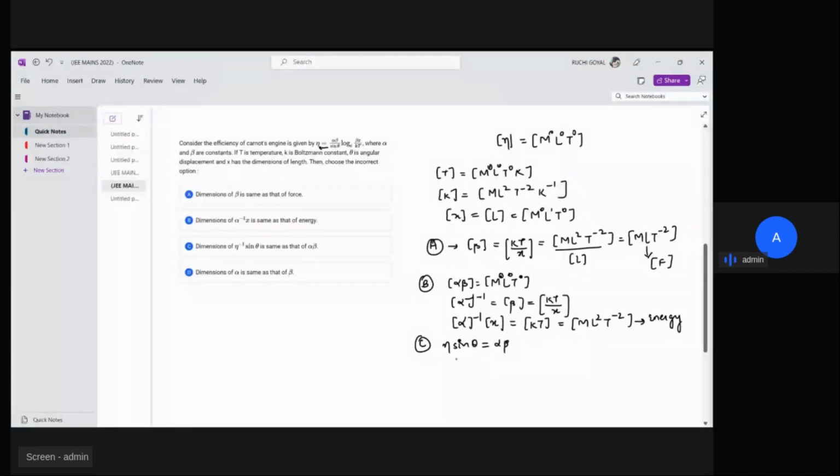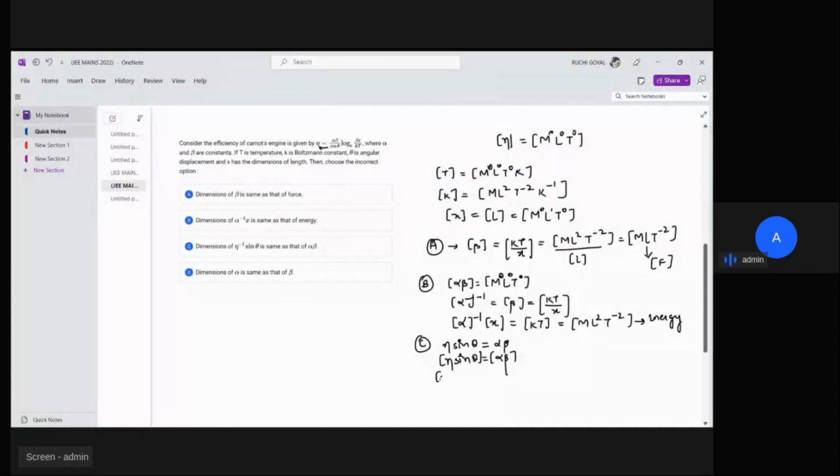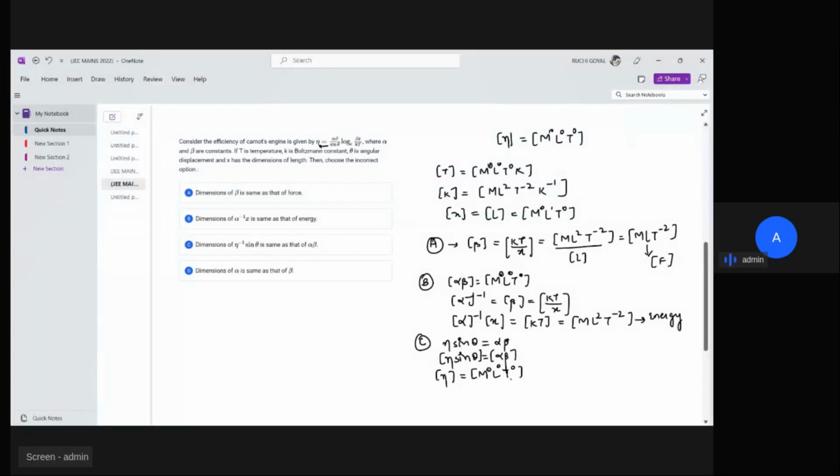So what will be the dimensions of eta sine theta? It will be the dimensions of alpha into beta. So eta will be M0 L0 T0, right? Because it is a dimensionless quantity. Correct?